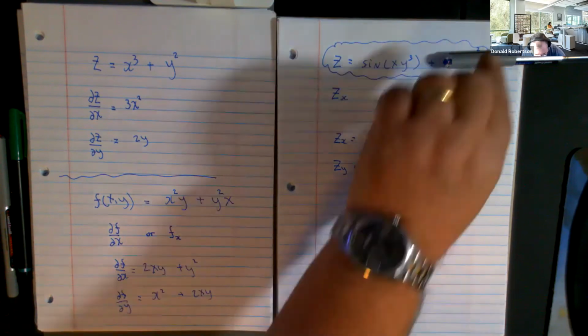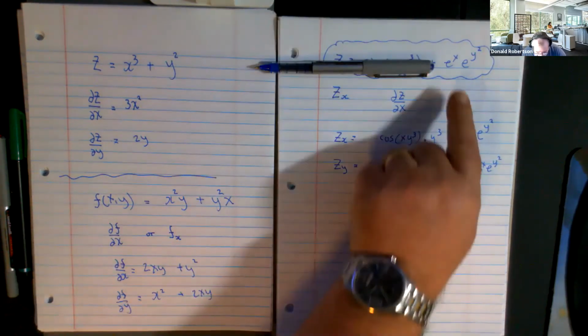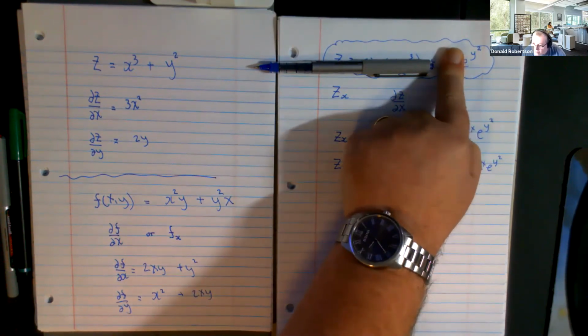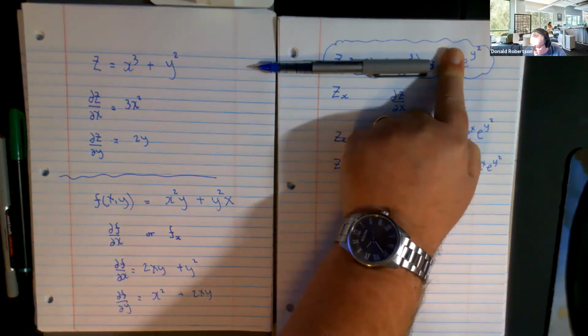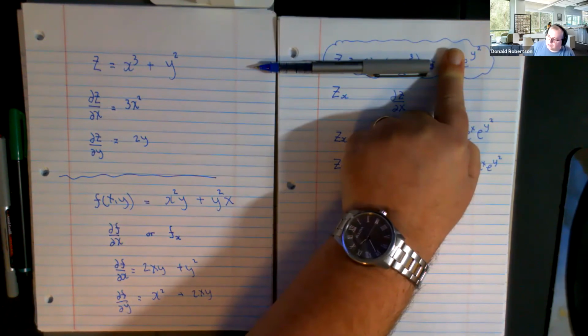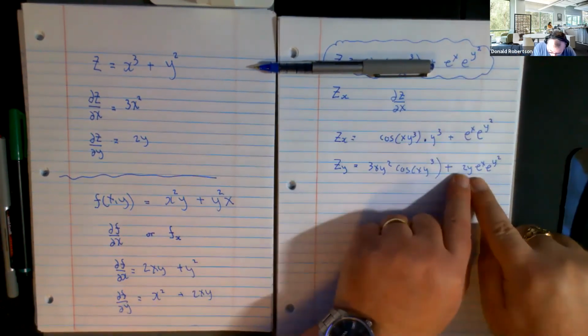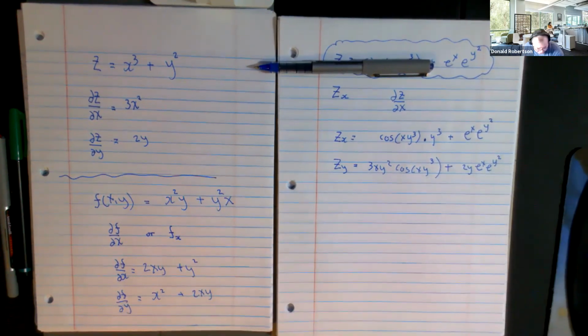Now we focus on this side. That's basically a constant. So really what we're doing is differentiating e to the power of y squared. Chain rule again, right? e to the y squared times the derivative of y squared, which is 2y. Tag the 2y onto the start, and there's the whole piece. There we go.